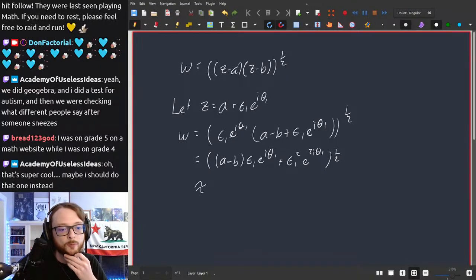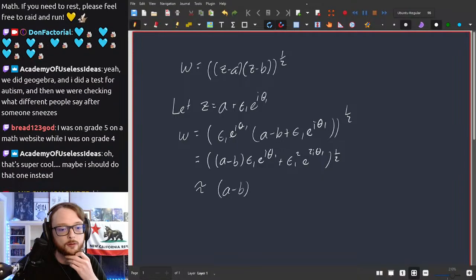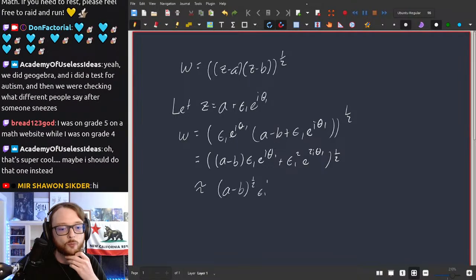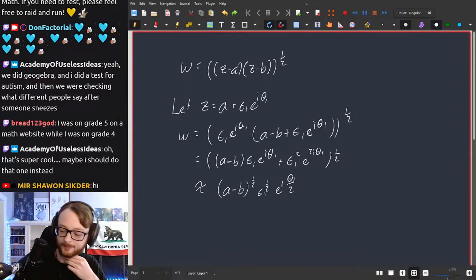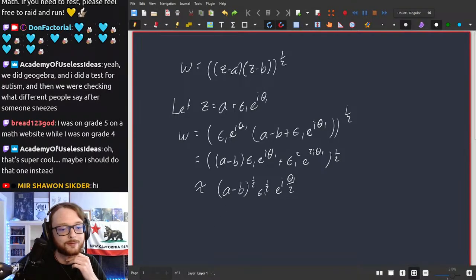And so I think from here they start to say a minus b to the 1/2 epsilon 1 to the 1/2 e to the i theta 1 over 2. It's kind of weird how I put the 2 here, but I put the 1/2 there. I never quite know where to put i's and constants and variables.